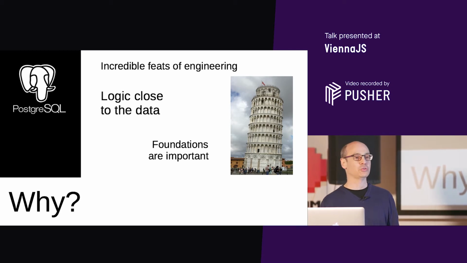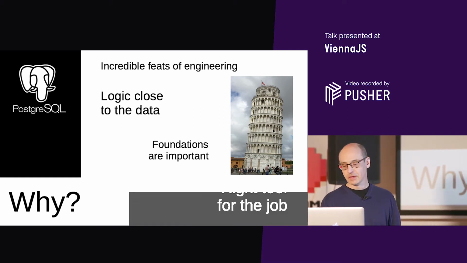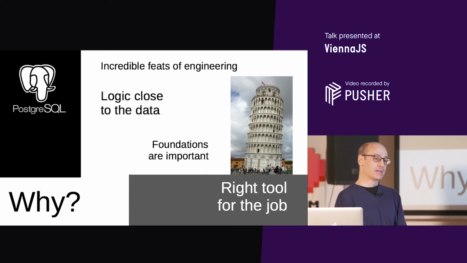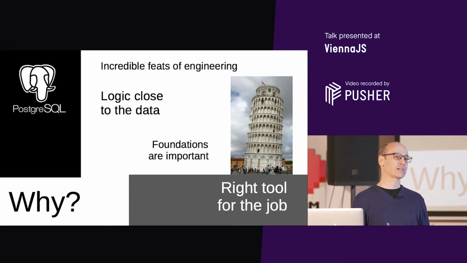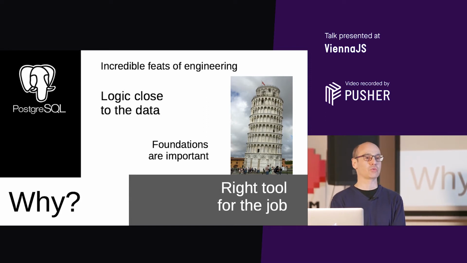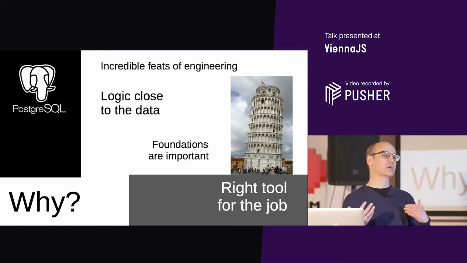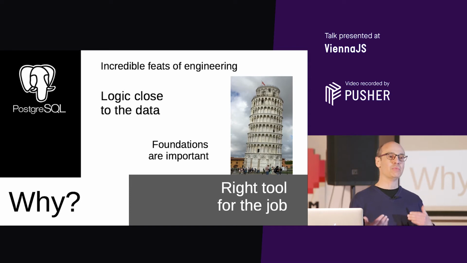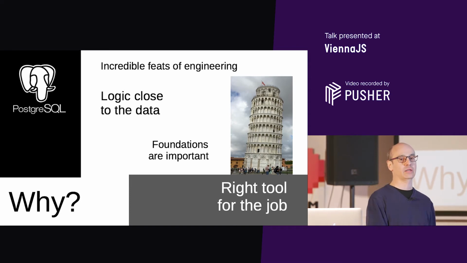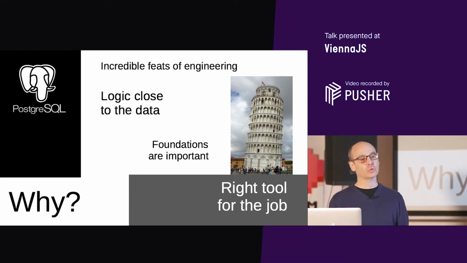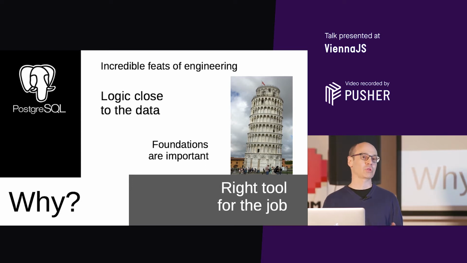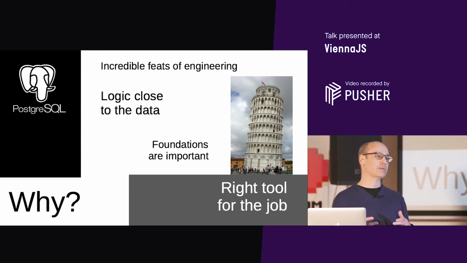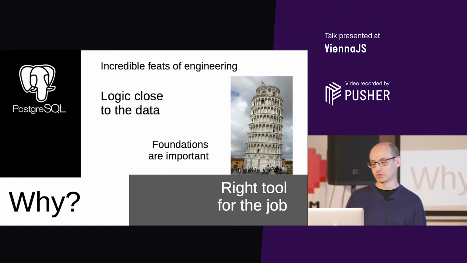We shouldn't take them for granted. So in a lot of occasions, being close to the database and having the power of the database is actually the right tool for the job. And that's what Postgraphile offers: you can generate this GraphQL backend very quickly without making any compromises regarding the power of your Postgres database.